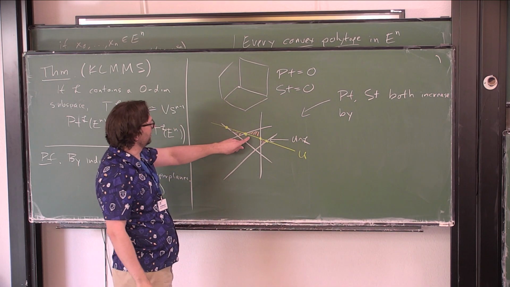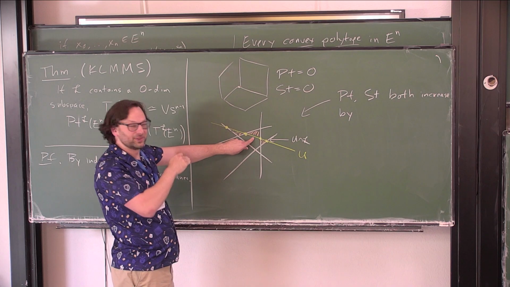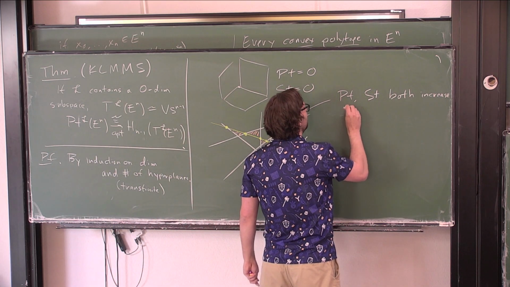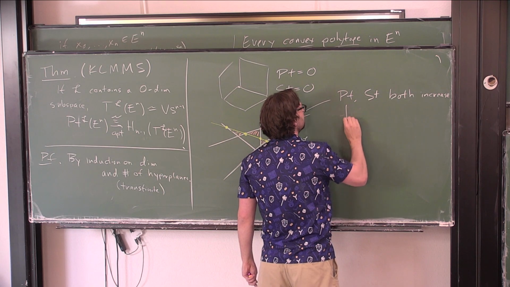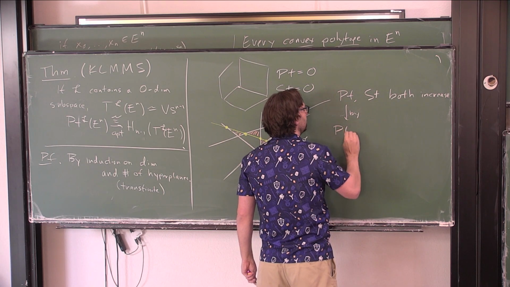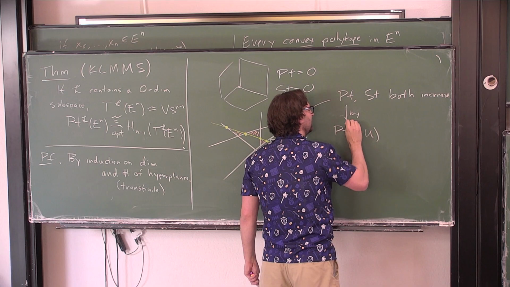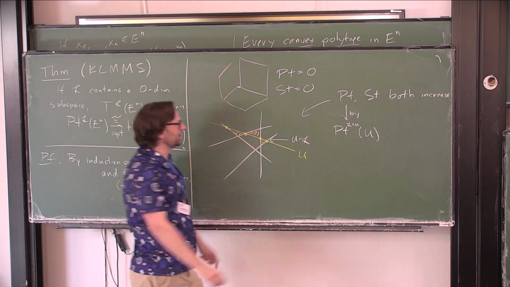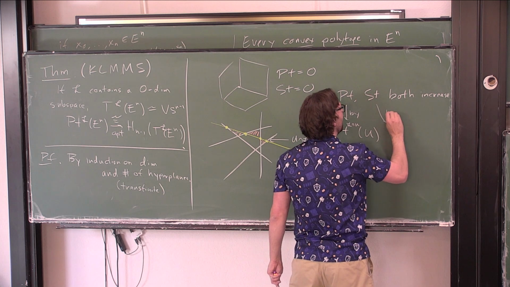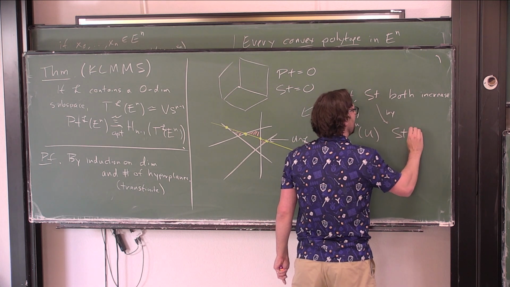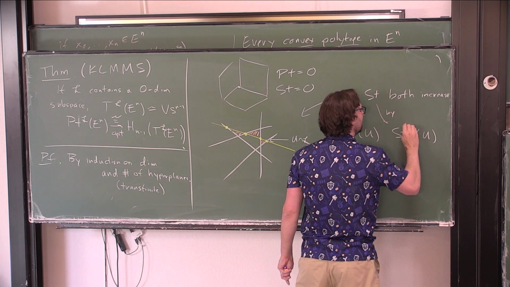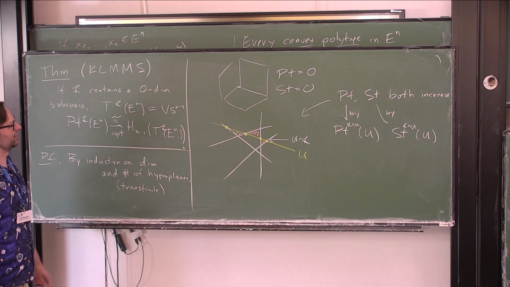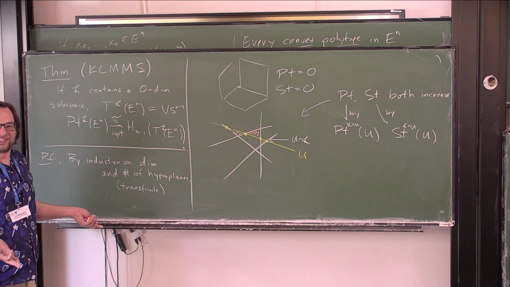Well, PT increases by the polytopes that are in U that were cut out by L. So PT increases by the polytope group, but inside this hyperplane U, of things cut out by L. On the other hand, ST increases by the Steinberg module in U of things cut out by L intersect U. So they increase by the same thing.